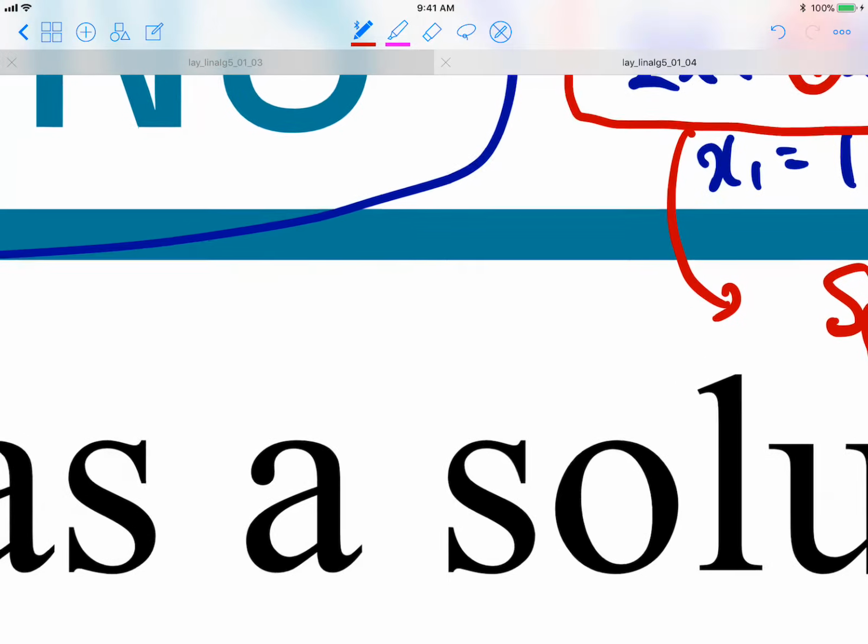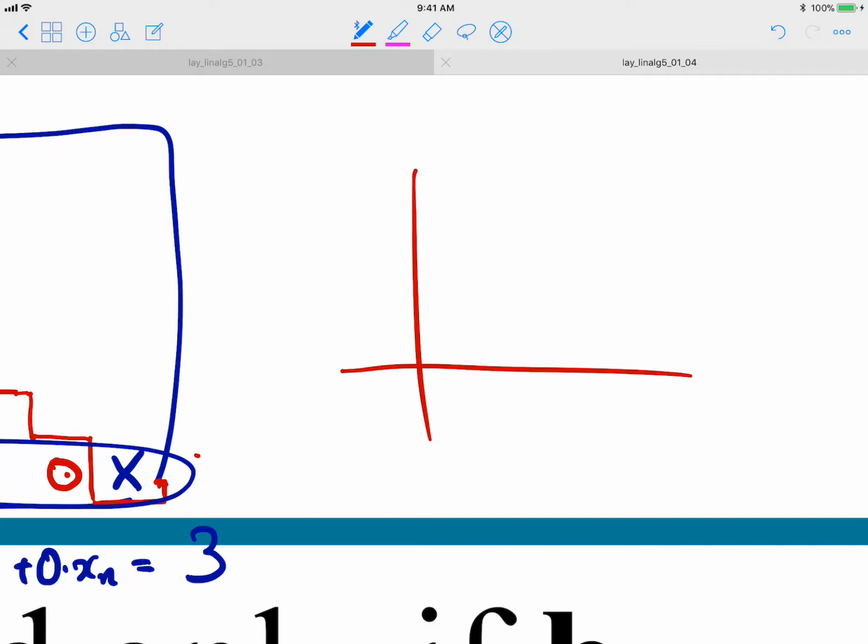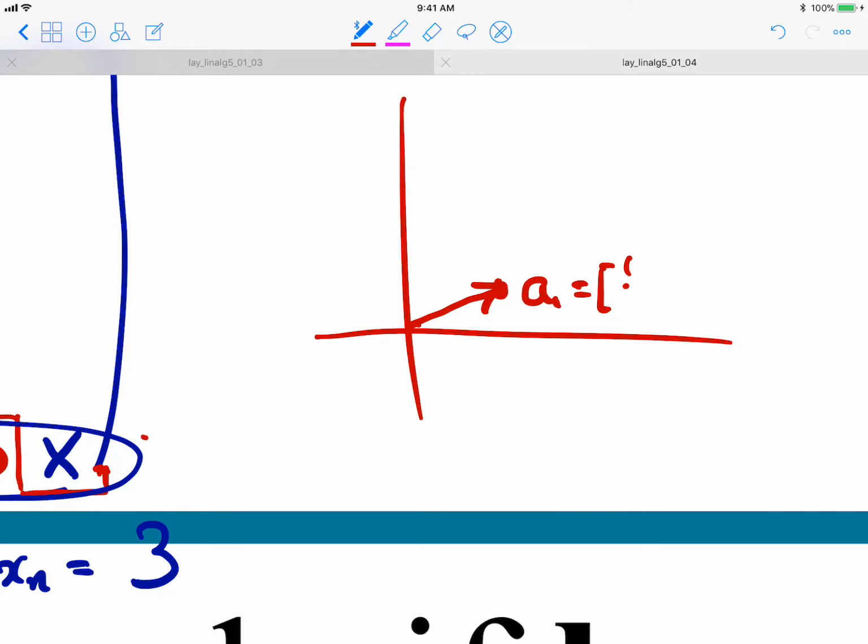In this case, we have a1, which is (1, 2), and this one is a2, our second vector (2, 1), right? Let's consider the span of them. If the linear combination coefficients were 1 and 1, this would be the point, and you can now stretch out to obtain the span of these two vectors.